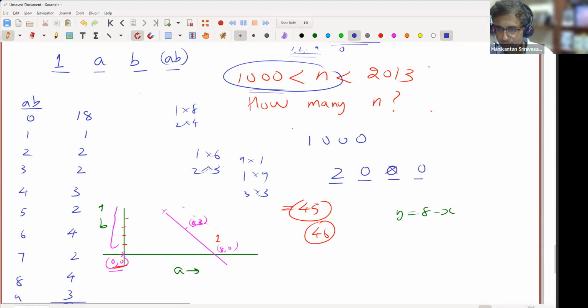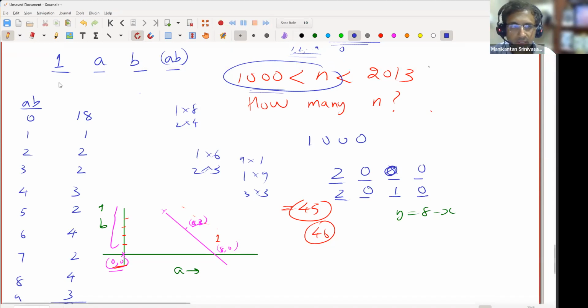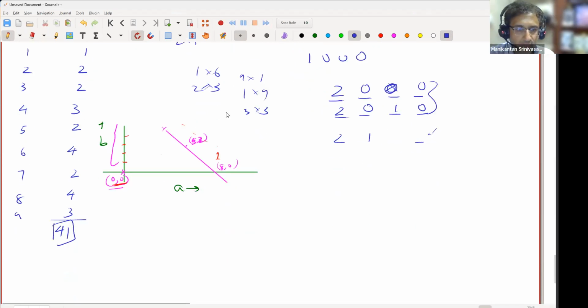So this can be 2000, it can be 2010. Both of these numbers are included. And that's it, right? Because if I have a non-zero number, this has to be 1, and then that will cause this number to exceed 2000. So there are 2 numbers here. So 41 plus 2, 43.